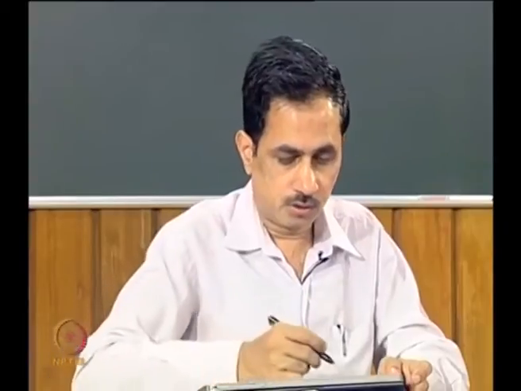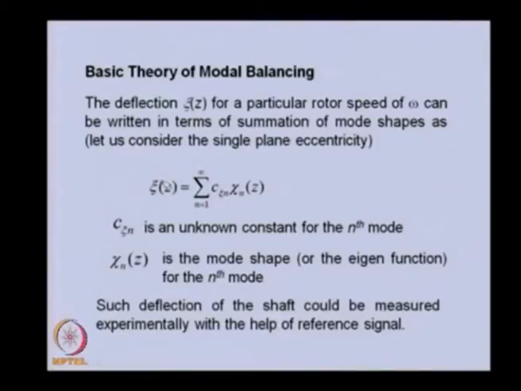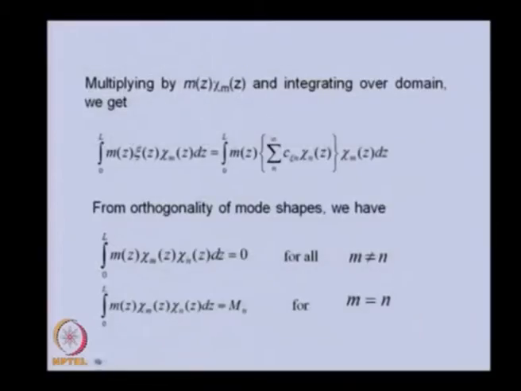Now, for that particular expression, we are multiplying both sides by a different eigenfunction and also the mass per unit length, and we are integrating over the domain. Both sides we have multiplied, and here you can see we can use the orthogonality condition to simplify this.